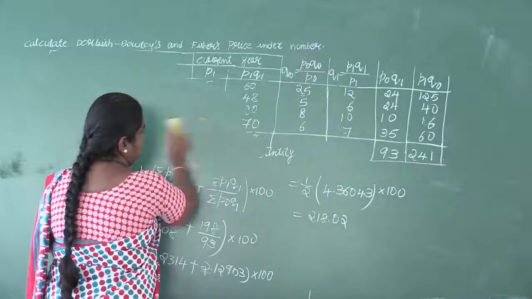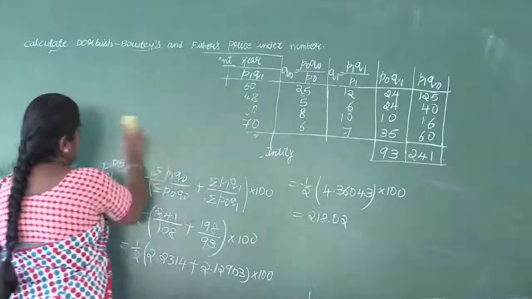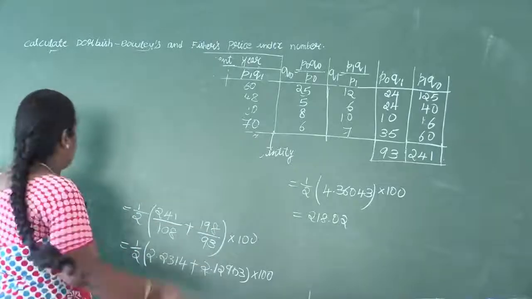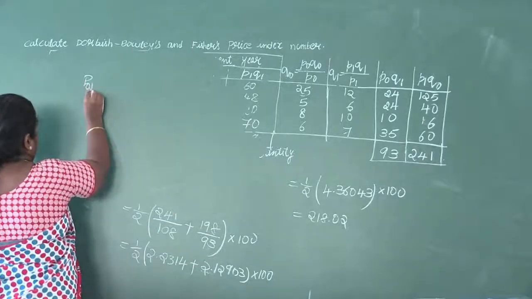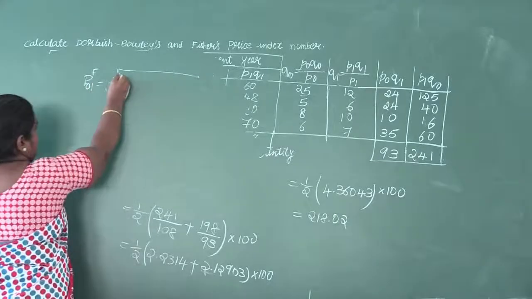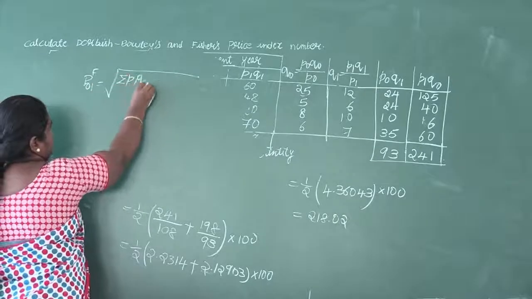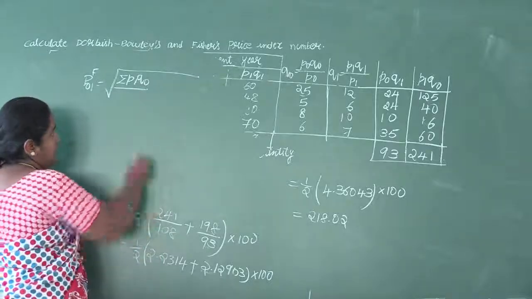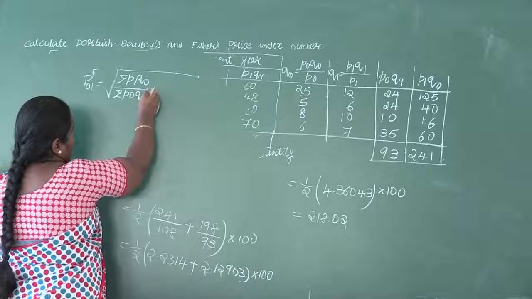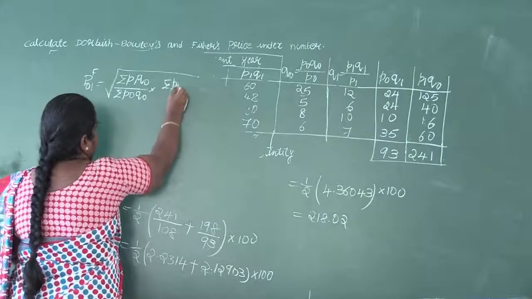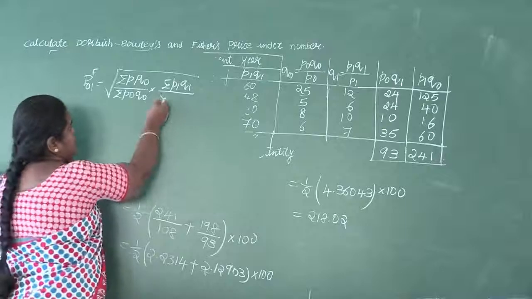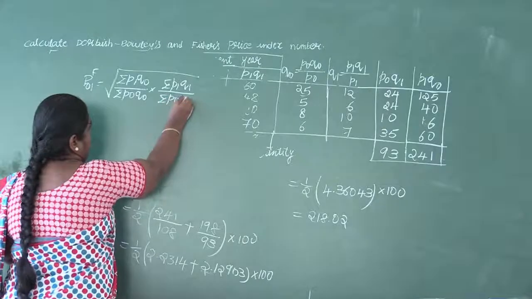So what is the formula of Fisher's price index number? It is square root of P01F equals square root of sigma P1 Q0 divided by sigma P0 Q0 into sigma P1 Q1 divided by sigma P0 Q1.